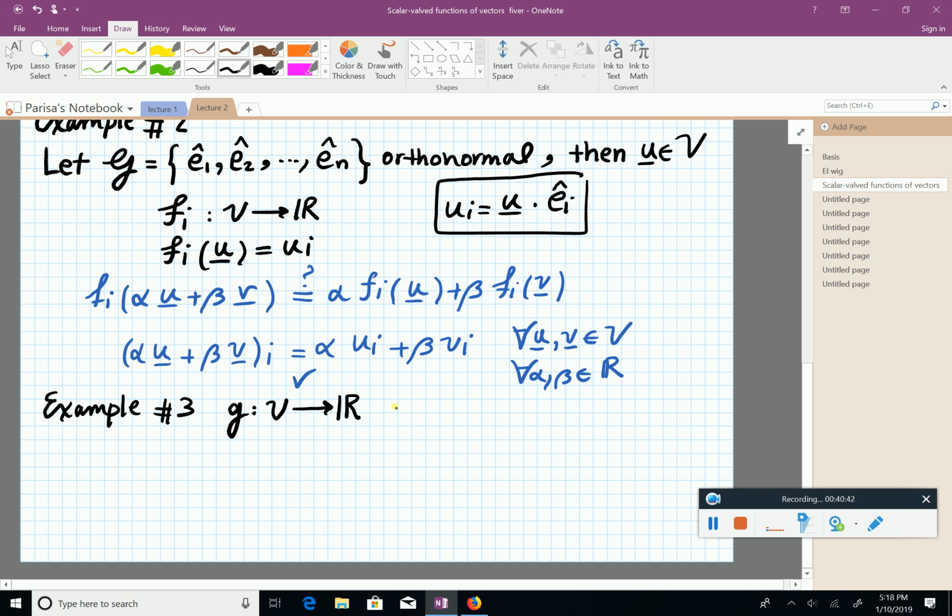And the definition is this time that it takes a vector and the output is the magnitude. Is this a linear function or not?